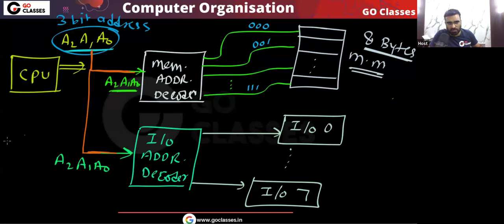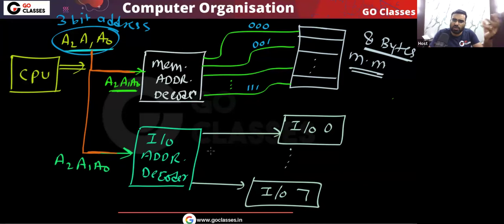So what is the solution? Let me tell you the solution. One solution you might be thinking is, sir, we can use different address lines. That means for main memory use 3 address lines, and for IO devices use 3 different address lines.